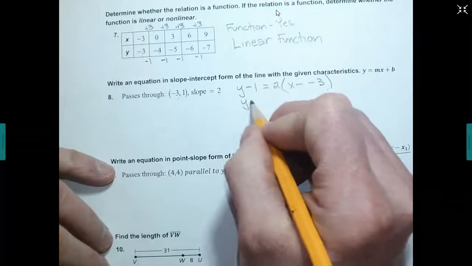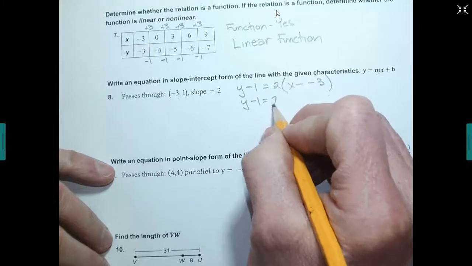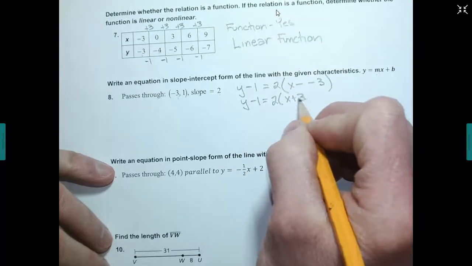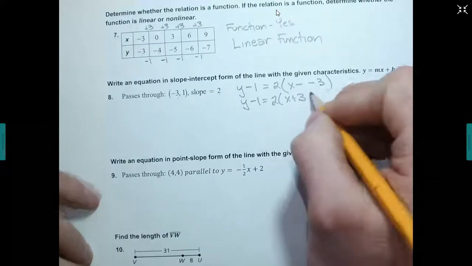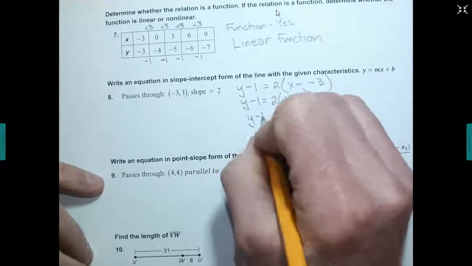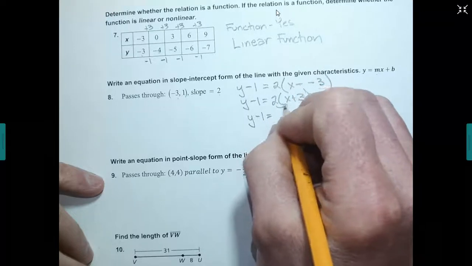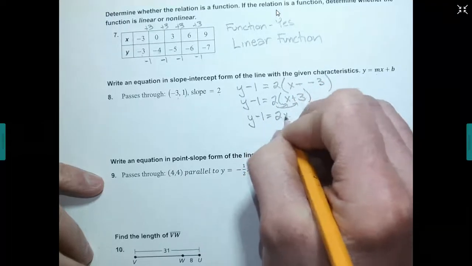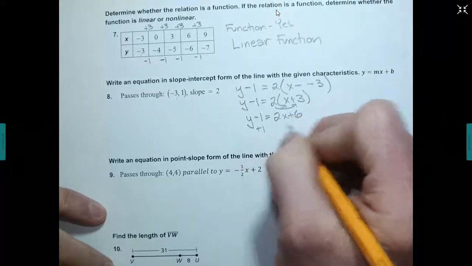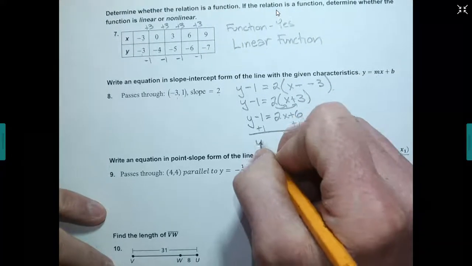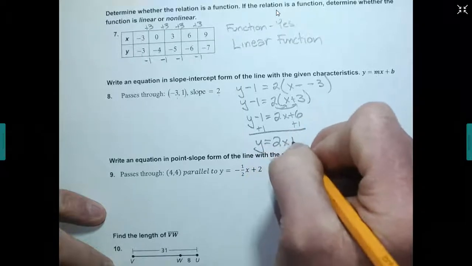So y minus 1 equals 2 times x plus 3, because negative and negative equals positive. Now I'm going to distribute the 2. So I have 2x plus 6. Now I add 1. Y equals 2x plus 7.